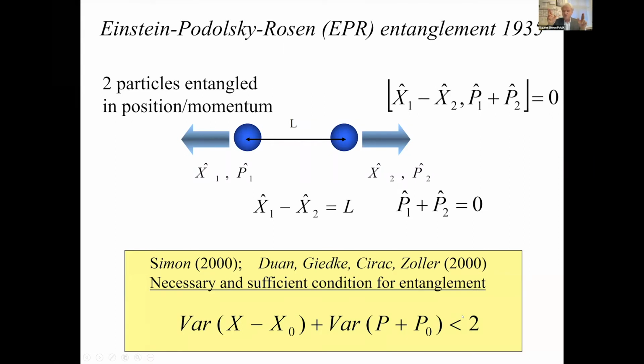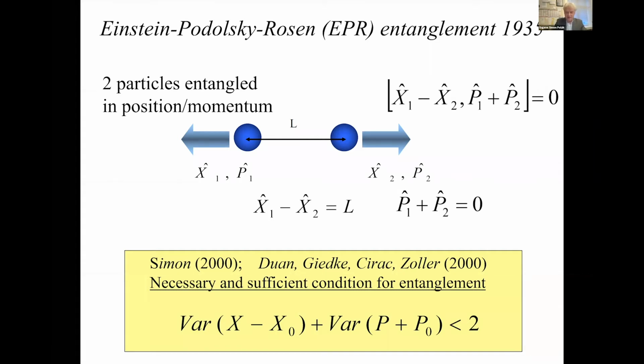So for two systems which are independent and in the minimal uncertainty state, you get a 2. If you get less than 2, you can celebrate and publish in a high impact journal because you have demonstrated entanglement between two systems. So that's the entanglement story.